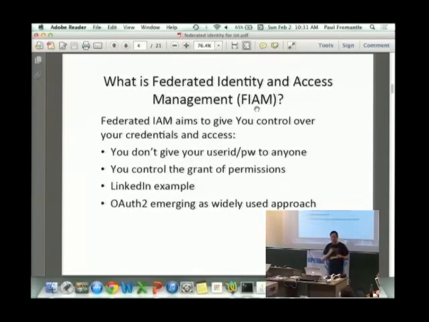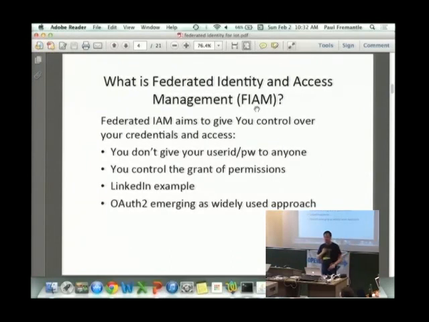And federated identity access management is really important because it allows you to retain control of your password and user ID. Now, unfortunately, the way most people use this is that they give it to Facebook instead, or Google, and they trust them. And of course, that itself is a challenge. But the point is that if you give it to someone who you do trust, then they don't hand it out to anyone else. And OAuth came about specifically from problems like LinkedIn saying, give me your Gmail user ID password.